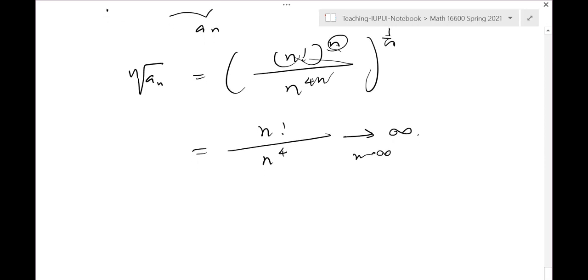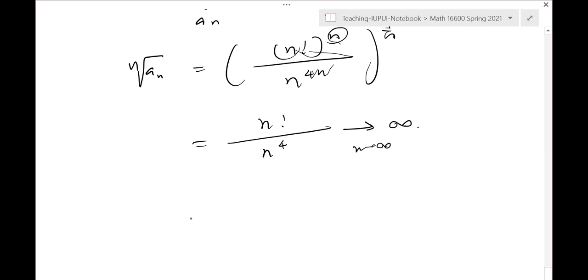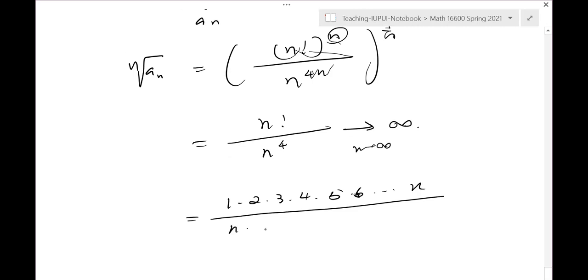Why? Well, you can see here's 1 times 2 times 3 times 4, 5, and 6, there are so many factors here. Then you only have n, and you can put n here.